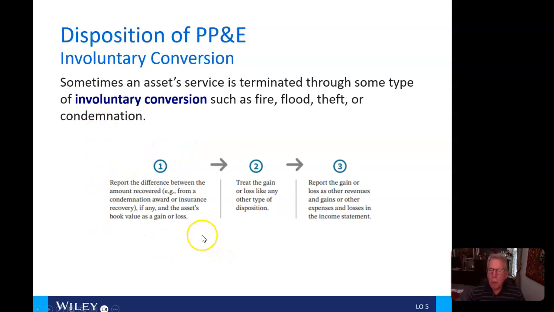So we're going to report the difference between the amount recovered from, say, insurance recovery, if any, and the asset's book value as a gain or loss. We'll treat the gain or loss like any other type of disposition. And 3, we'll report the gain or loss as other revenues and gains or other expenses and losses in the income statement.